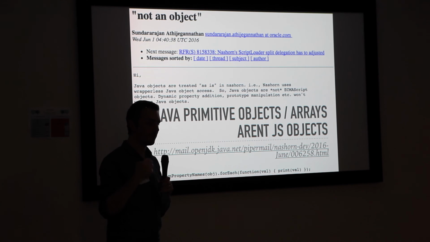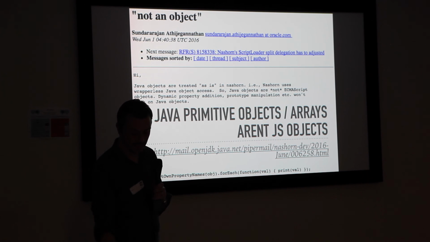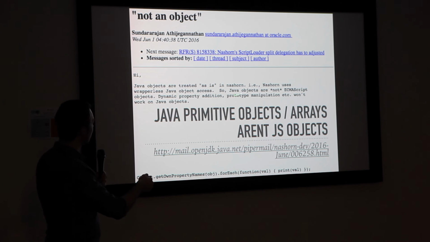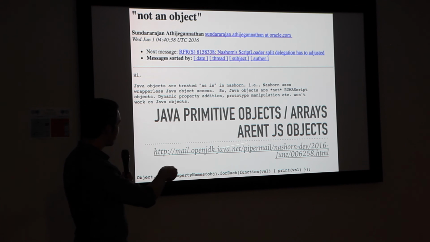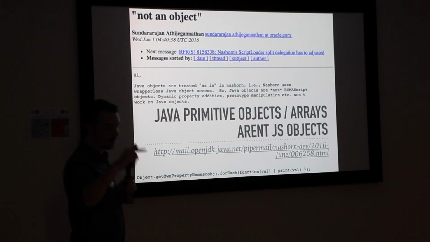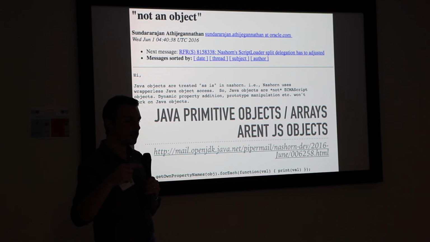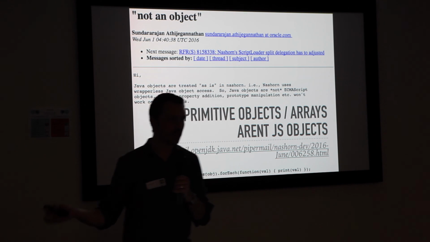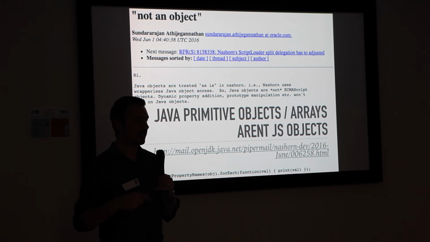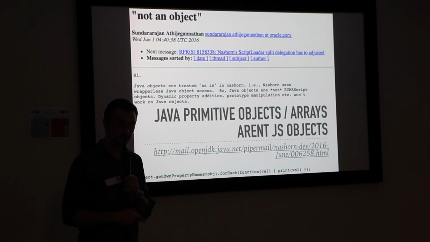Having that would be disconcerting. But there is a way. It's in the link anyway, that you can wrap the thing in a bindings object, and it basically makes the Java object turn into a JavaScript object, so that you've got all the methods that you can call on it.